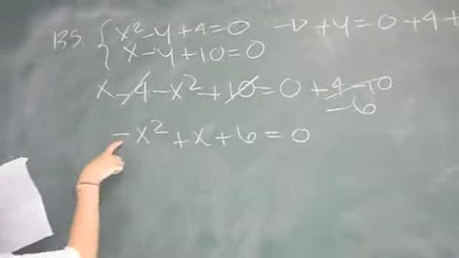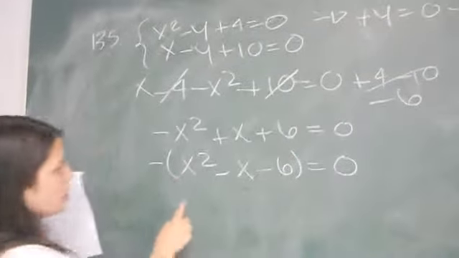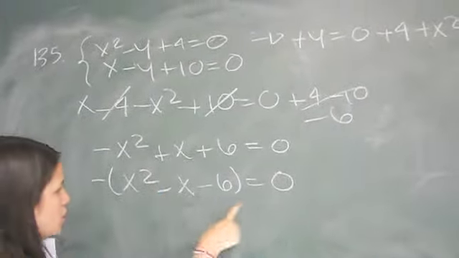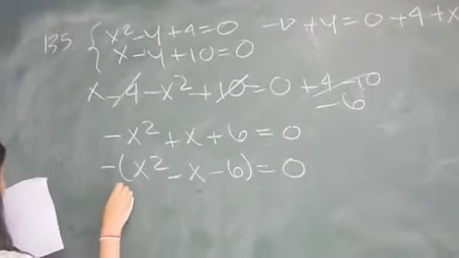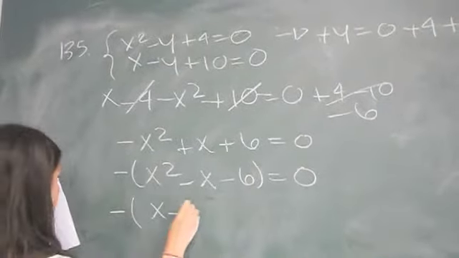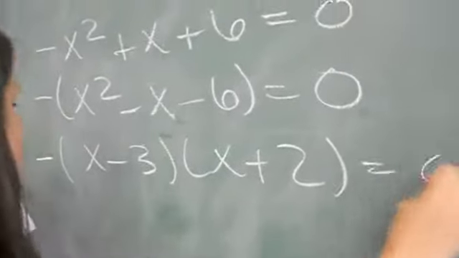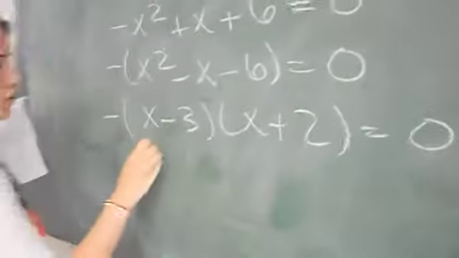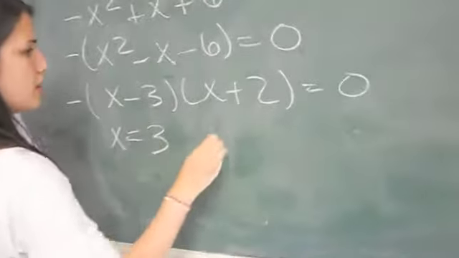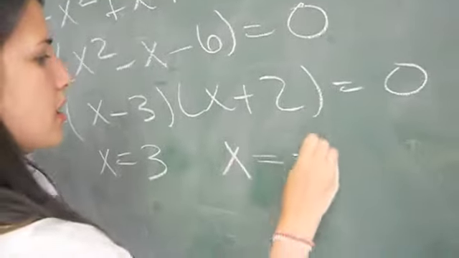And then I'm gonna take out the negative. So now I need two equations that give you this multiplied. So I will have x minus 3, x plus 2 equals 0. And if I change this to the other side, it's x equals 3 and x equals -2.